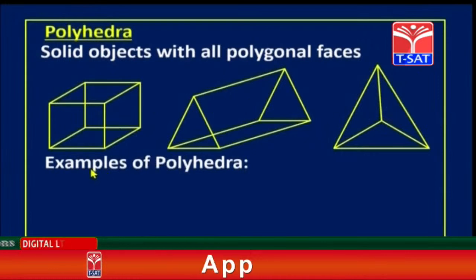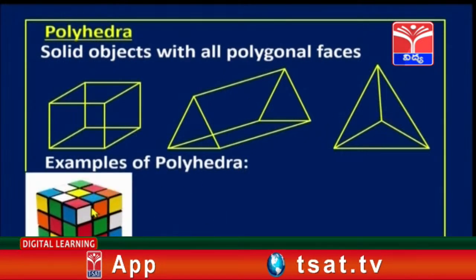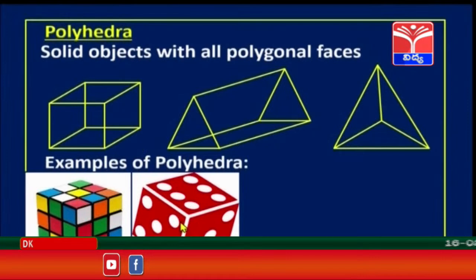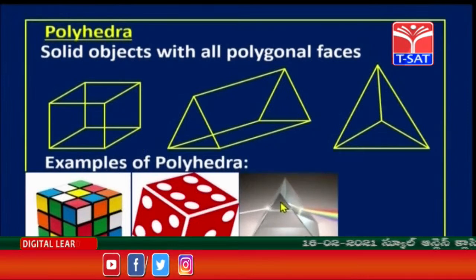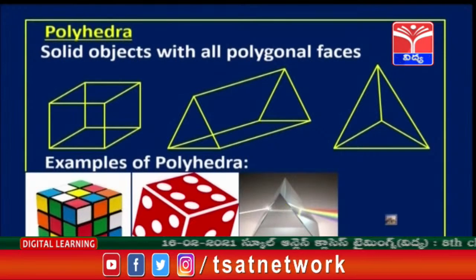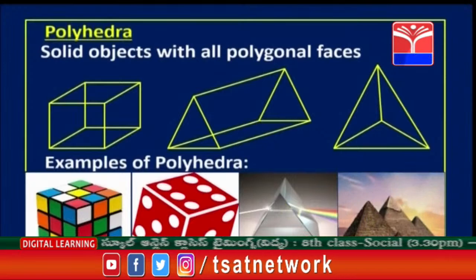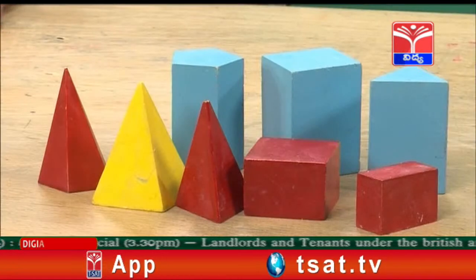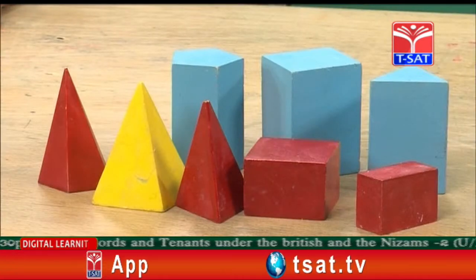So let us understand the examples. Have you seen any time a Rubik's cube, children? Yes, it is a polyhedra. Dice, yes, it is also a polyhedra. Glass prism, yes, it is also a polyhedra. And Egypt pyramids, children, yes, these are also polyhedra. Children, you are observing on the screen, right, different objects.